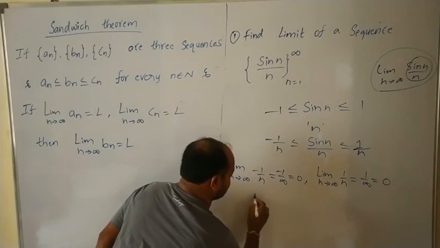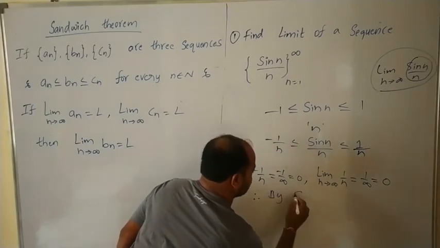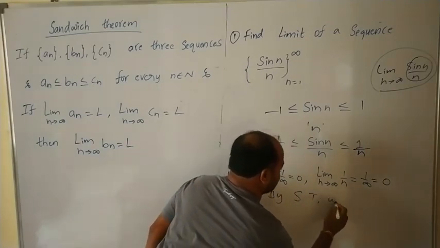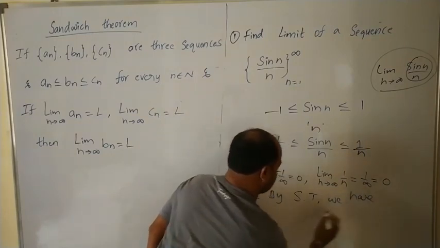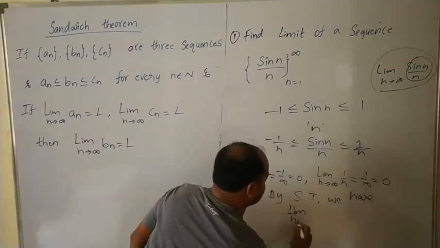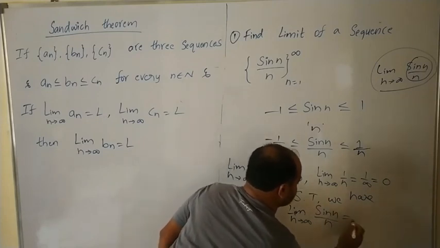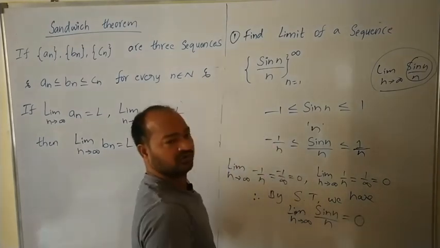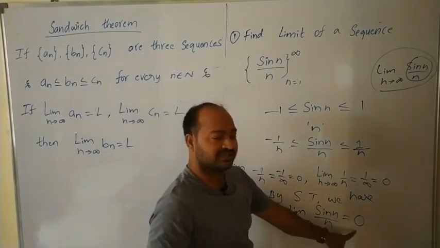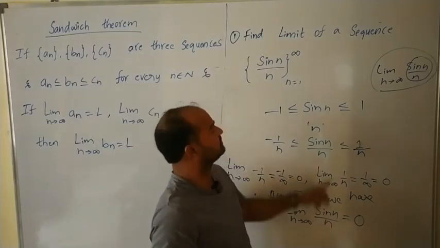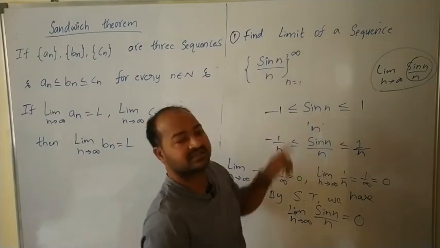That means by the Sandwich theorem, the limit as n tends to infinity of sin(n)/n is equal to 0. Therefore, 0 is the limit of the sequence.